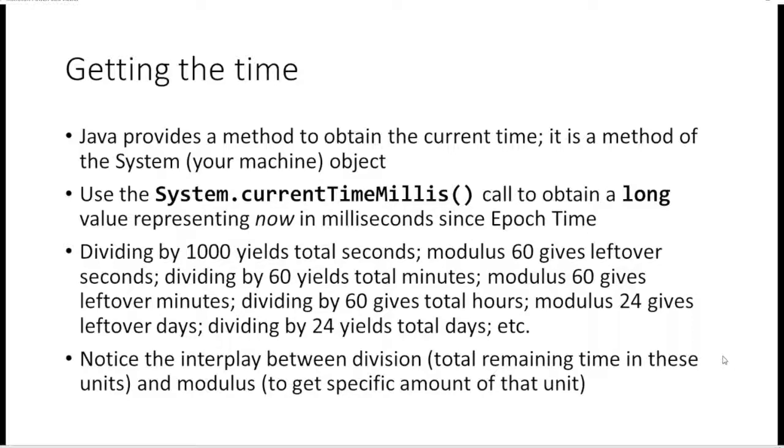For example, let's say the number of milliseconds came back as 1,005, some large number, 1,000, and then 5 milliseconds left over there. When we do that integer division, those 5 milliseconds will be dropped off.